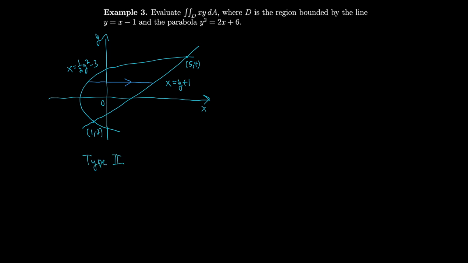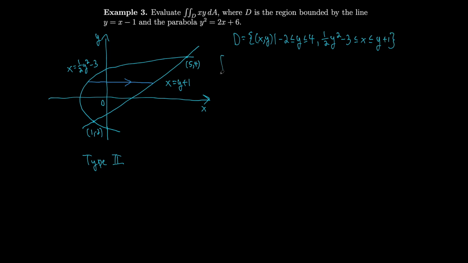This is my first integral from left to right, my inner one, and that means that I can say that D is equal to the set of points x, y such that y is between two constant values, minus 2 and 4. And it looks like x is between functions of y, half y squared minus 3 and y plus 1 on the right.